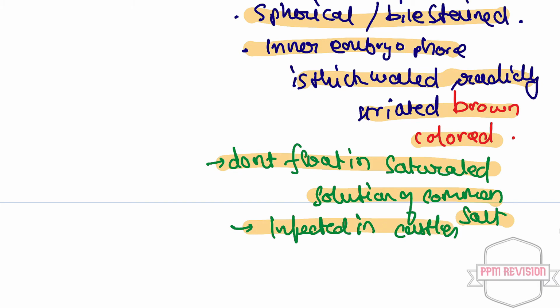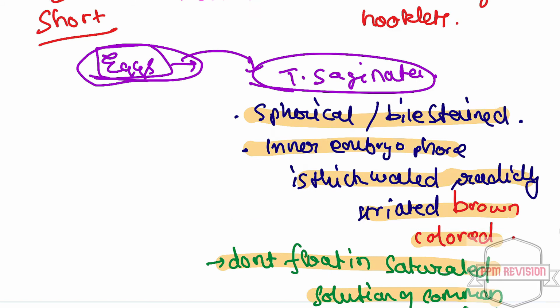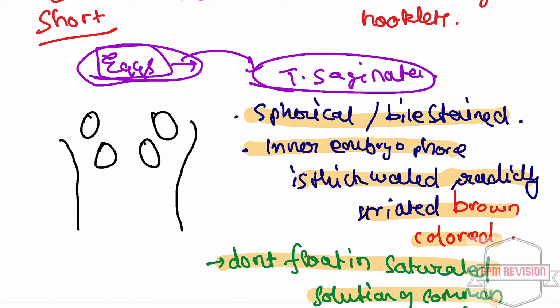Now I'll quickly draw the diagram so that it's easier to imagine. So this is how it looks. There are 4 suckers. This is the rough diagram and this is how it looks.